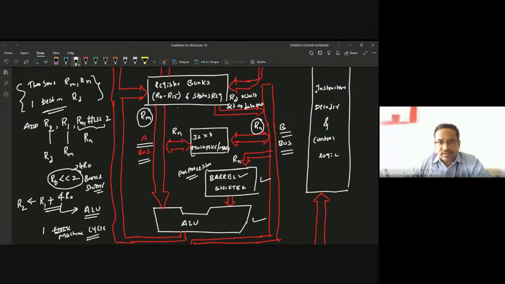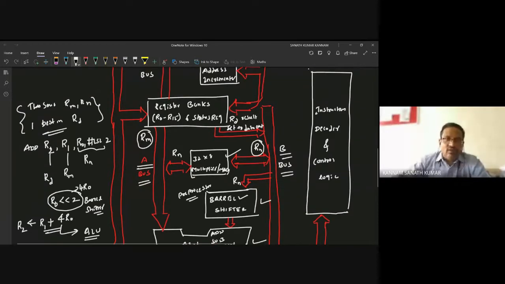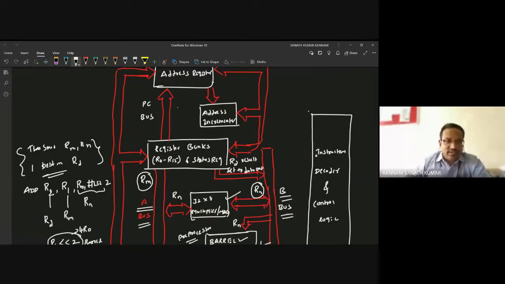The ALU performs the addition operation, subtraction operation, and multiplication, and some logical operations are also done by the ALU. After performing the arithmetic and logical operations, the result goes to this bus, which we call the ALU bus.